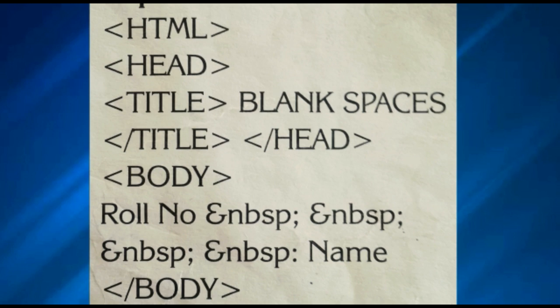Just look at it here. After scripting body tag, after the opening tag of body, then roll number which is our first tag, after that we wrote &nbsp; like we have typed 1 2 3 4 times after roll number, and then we just wrote the ending tag of body.